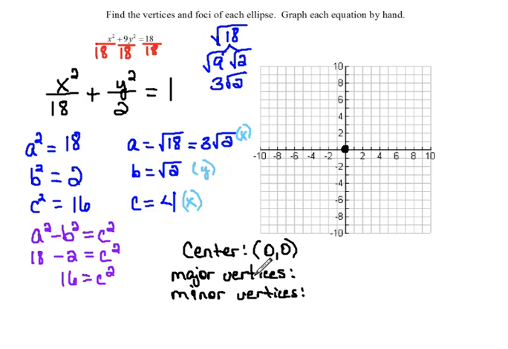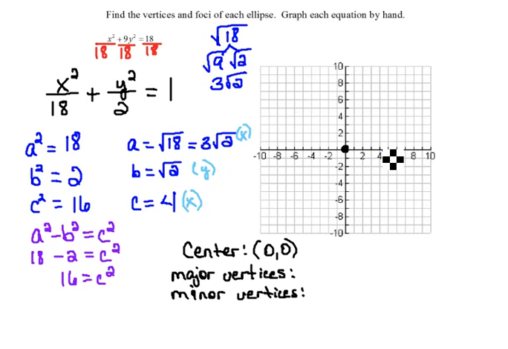Okay, our major vertices, that's going to be A units from the center. In this case, A is in the x direction. So we're going to go 3 square roots of 2, which is roughly 4 point something. It's, because the square root of 18, it's 3 square roots of 2 would be a little over 4.